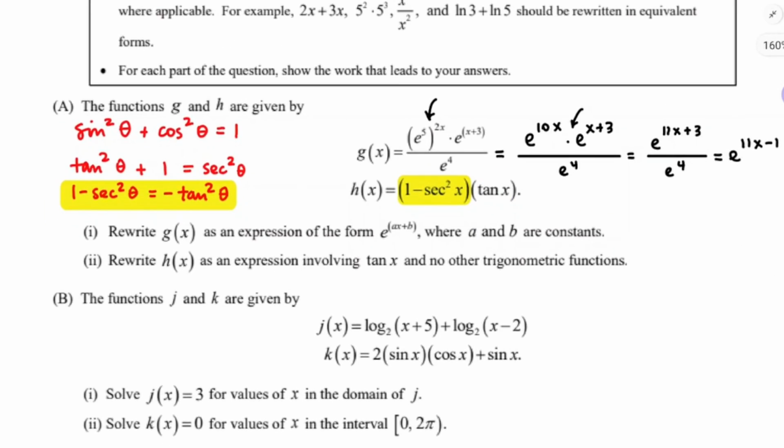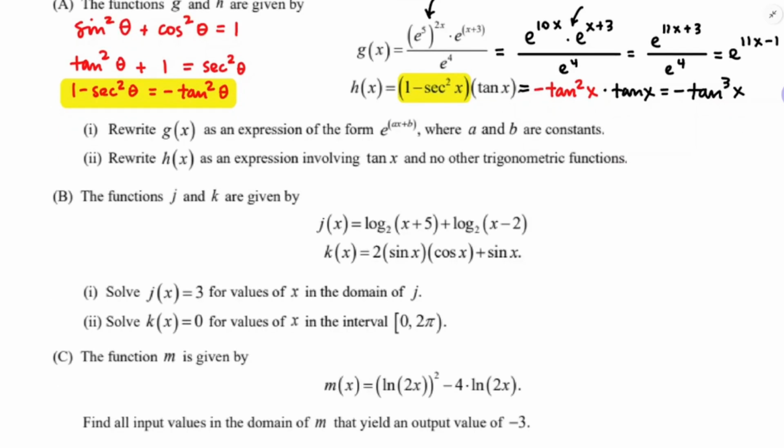And so we'll be saying that this equals, first, negative tangent squared x, multiplied by tangent x. So I'm going to have still that negative, but combining these, this will be 3 powers of tangent x. So I'll call that negative tangent cubed x. Right, and that's part A.